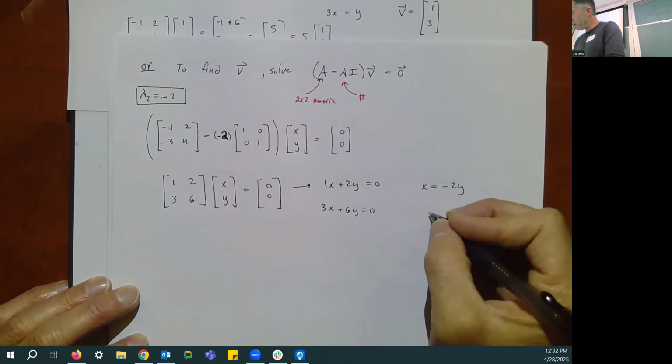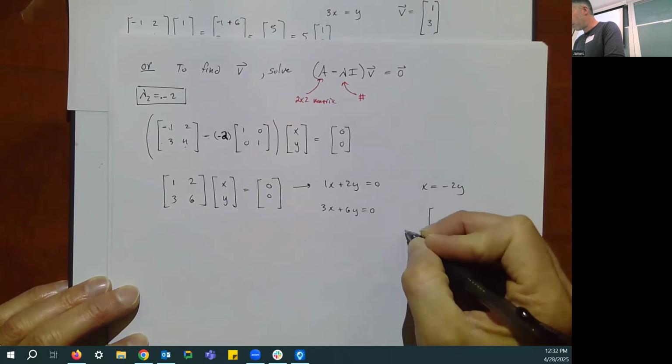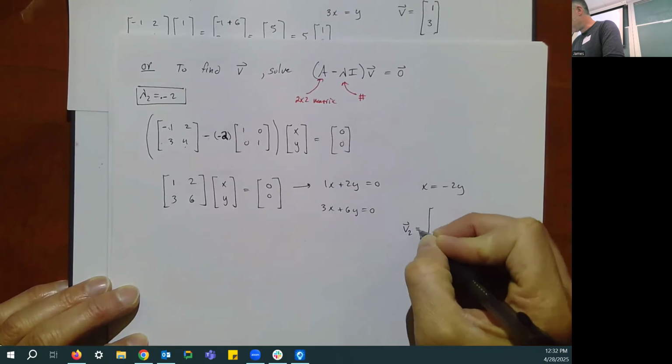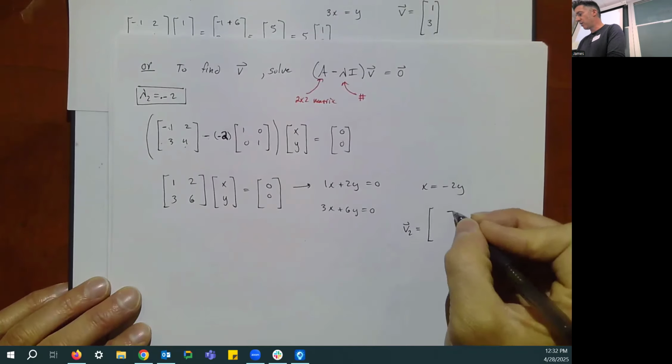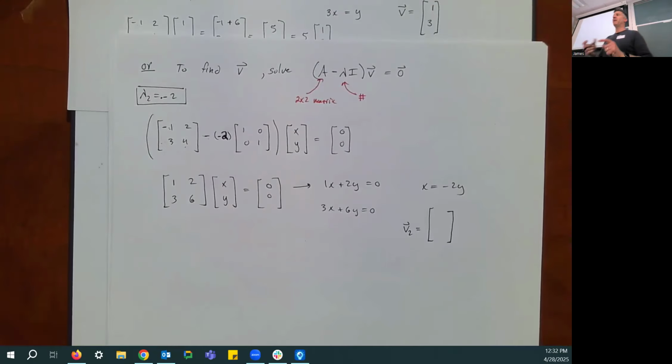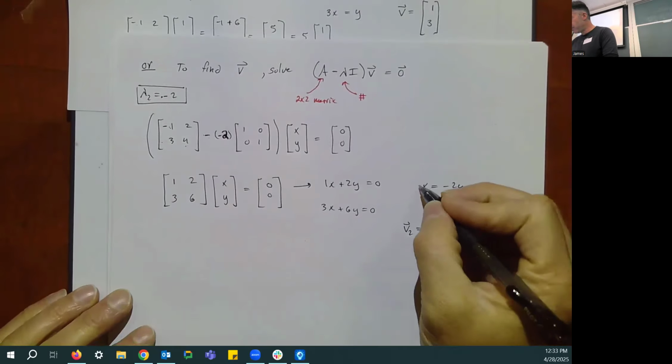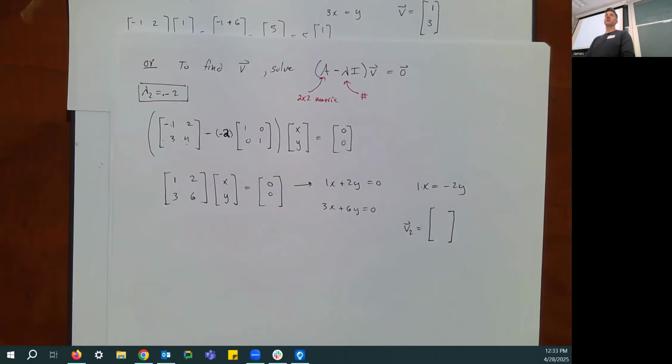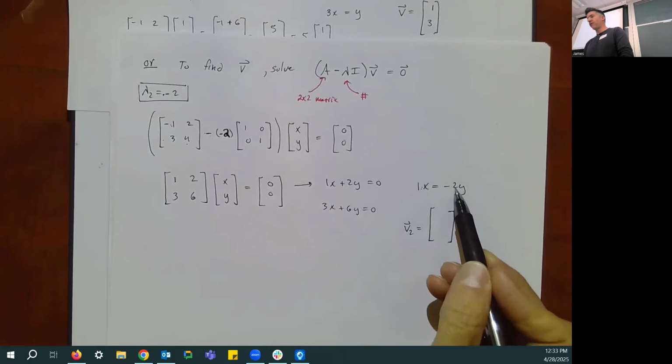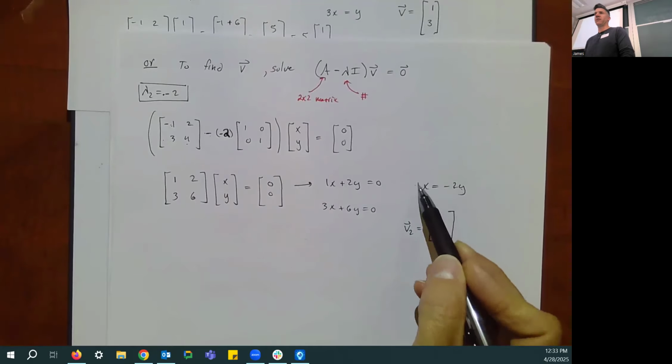And here's how I really do it, to be perfectly honest. For my second eigenvector, I like to pick x and y to be the other variable's coefficient. So in this equation, where I have 1 times x equals -2 times y, I'm picking x equal to -2 and y equal to +1.